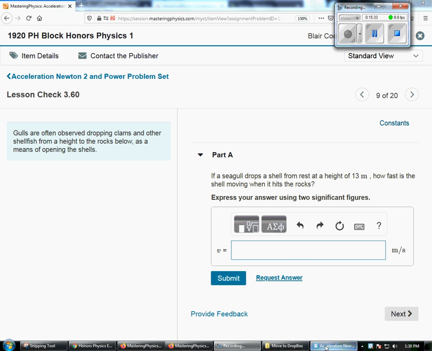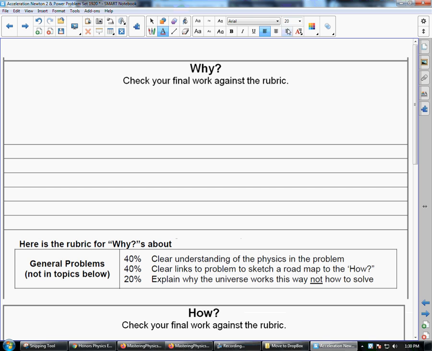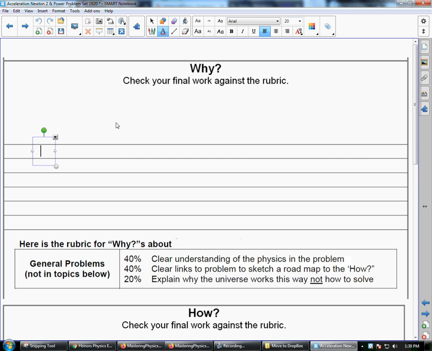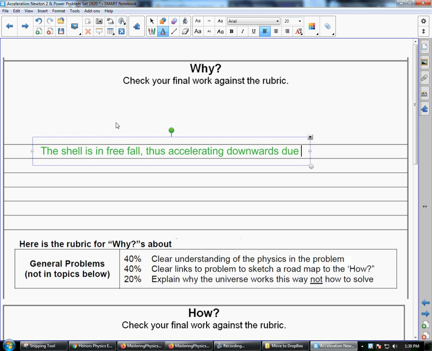Alright, so how fast is it moving when it hits the rock? What color should we go with? Red? Pink. I haven't done green today. Let's go green. I've done orange a bunch. The shell is in free fall, thus accelerating downwards due to the net force on it being its weight.